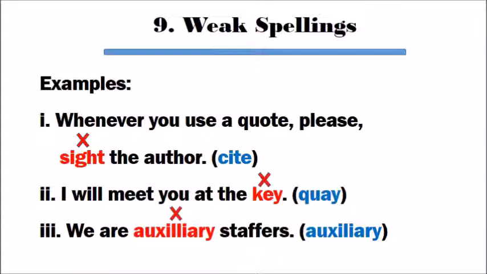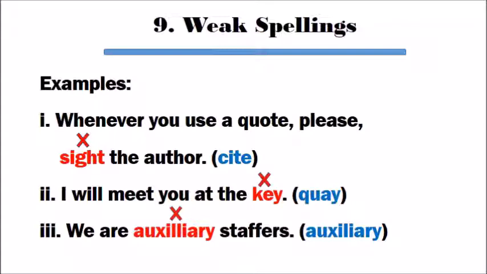Then I know about CITE, which means to make reference to something. The sentence here brings up the idea of making a reference, so I should have gone with CITE, not SIGHT.